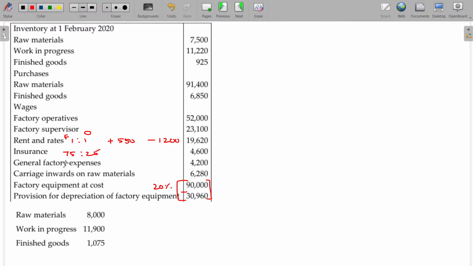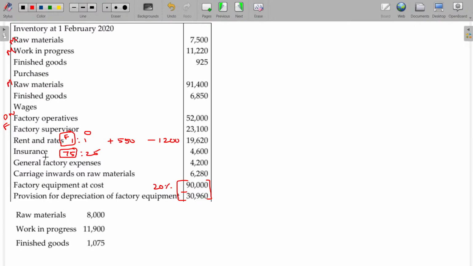Is that okay? So we'll prepare first of all manufacturing account as usual. This is the trading section. Purchases of raw material will be manufacturing, not finished goods. Wages related to the factory being the direct wages, and factory supervisor, factory rates, only 1/2 will be factory related.